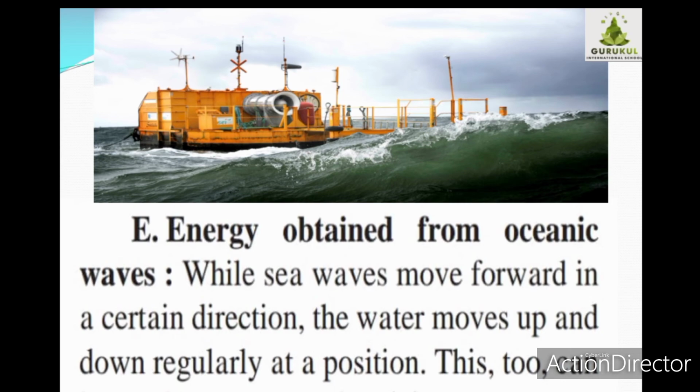As it is moving, it has kinetic energy, and this energy can be used for generating electricity. While sea waves move forward in a certain direction, the water moves up and down regularly at a position. It is not at the edge or the beach side, it is inside the ocean. So this water force can be used for generating electricity.